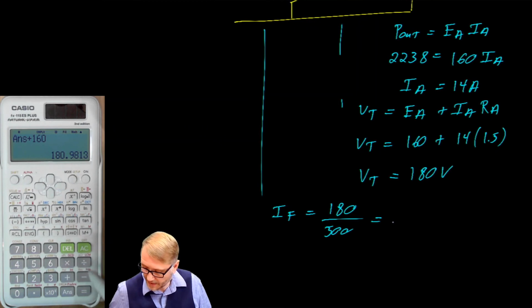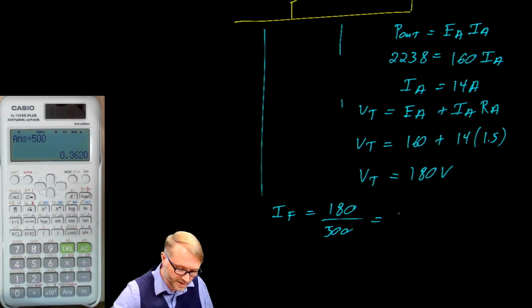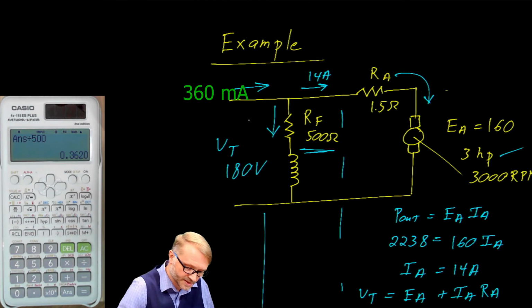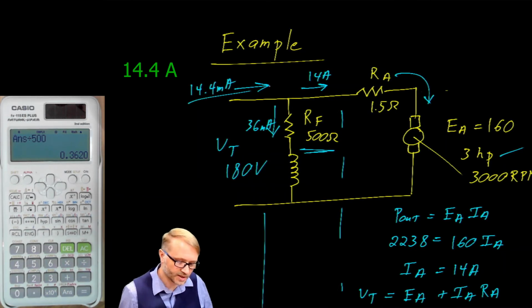So 180 divided by 500 gives us a current of about 36 milliamps. So that's 36 milliamps in this direction, which means the input must be about 14.4 amps into the machine.